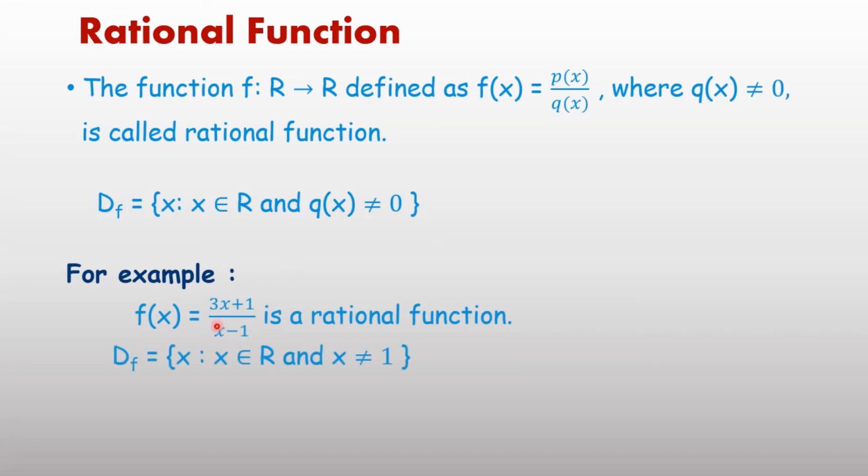For example, f(x) equal to 3x plus 1 upon x minus 1 is a rational function because the numerator is a function, and the denominator is also a function. Domain means all real numbers except x equal to 1. At x equal to 1, f(x) is not defined. Or you can write R minus {1}.